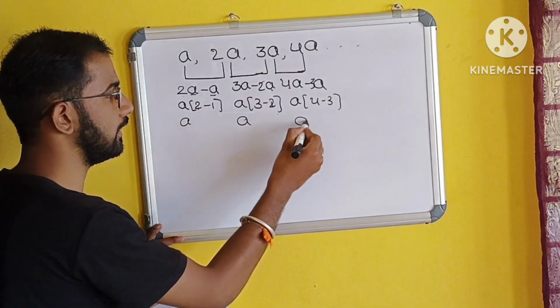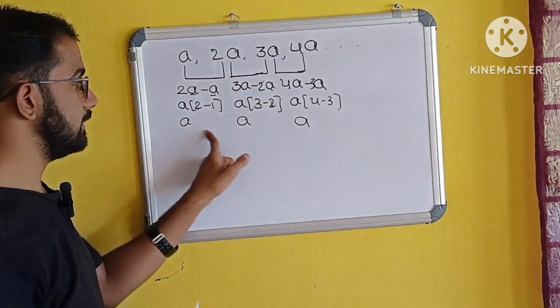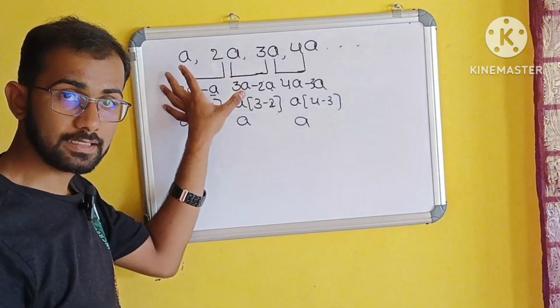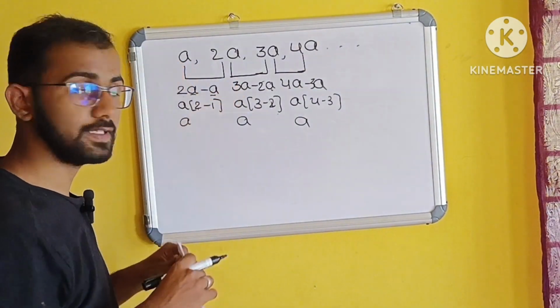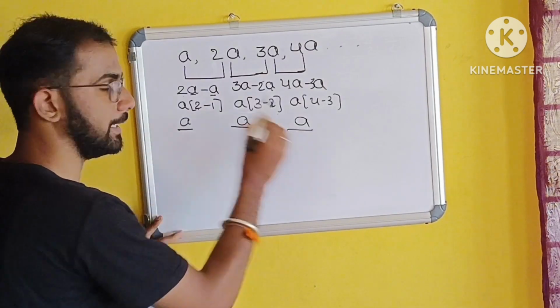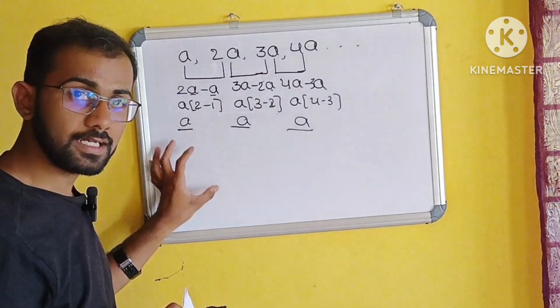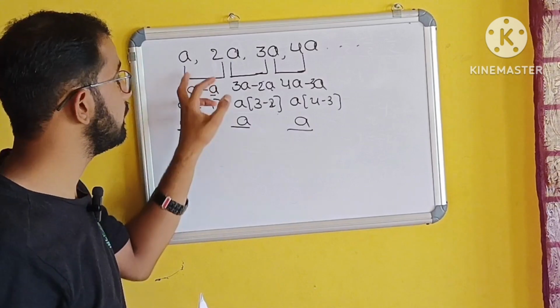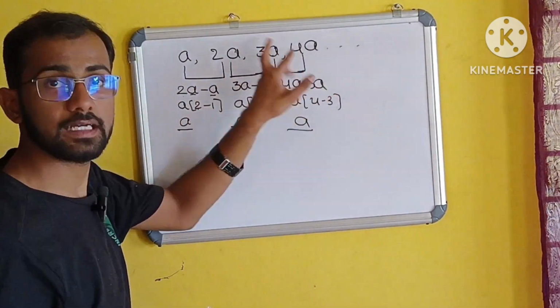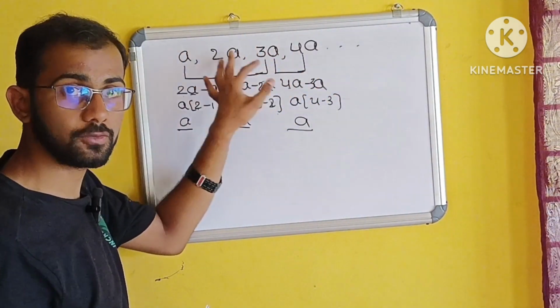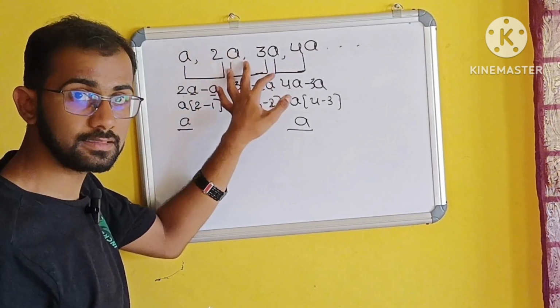Here, this is the common difference. In this case, the common difference is A. That is fixed. The common difference between any two consecutive pairs is the same. Hence, this list of numbers is an arithmetic progression.